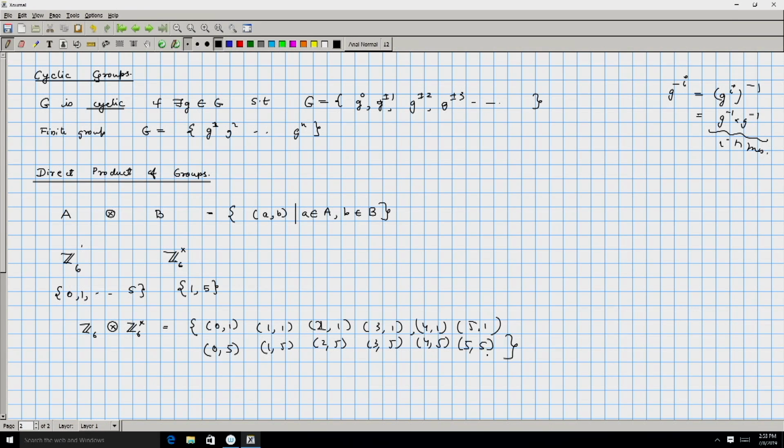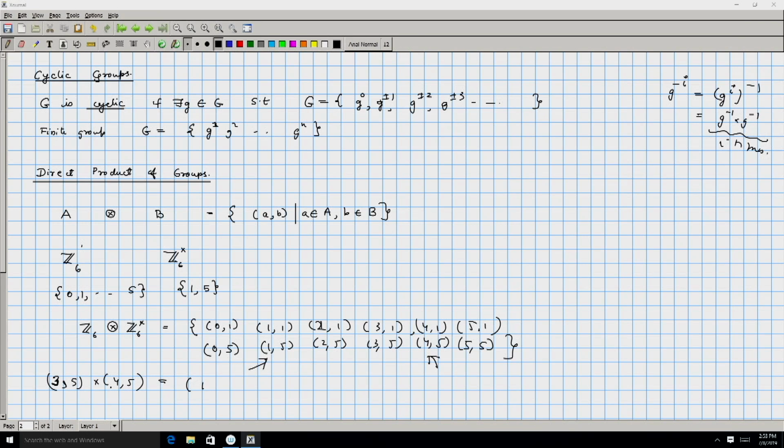If you want to multiply two elements, let us say (1,5) with (4,5), that is going to be equal to 1 combined with 4 in Z6. So, 1 plus 4 is going to give you 5. If you had taken 3 and 4, they will combine to give 7.